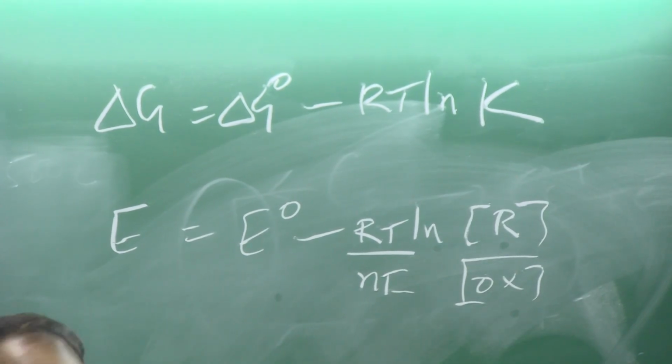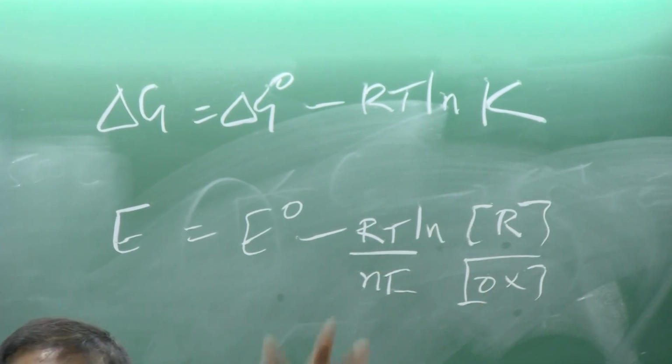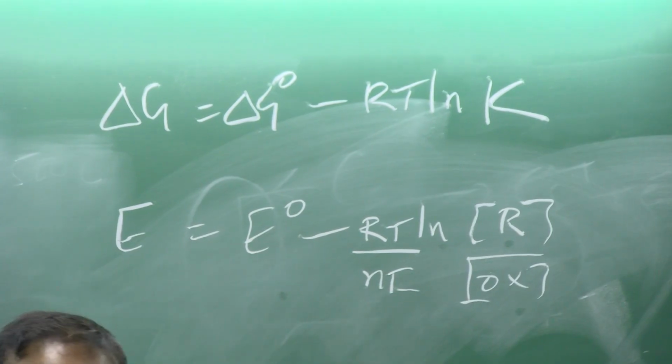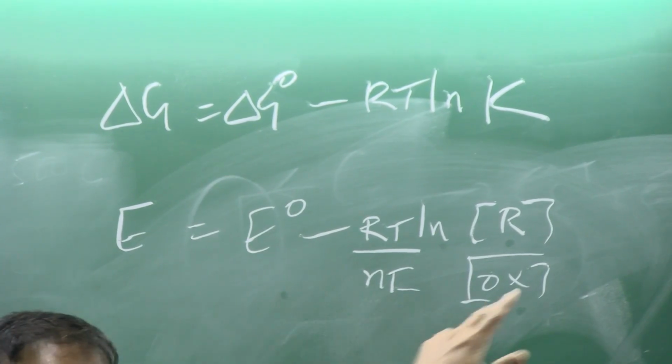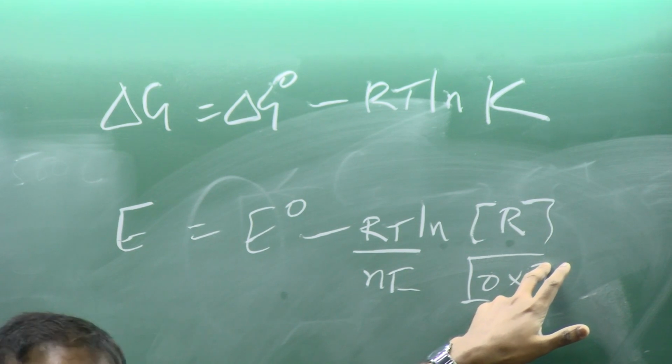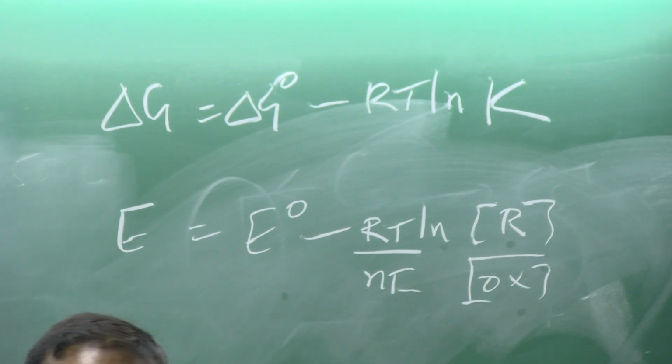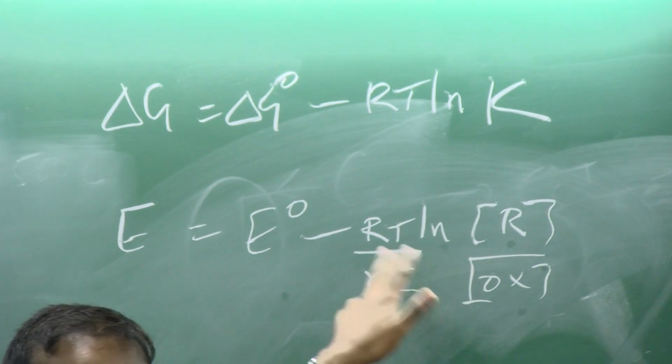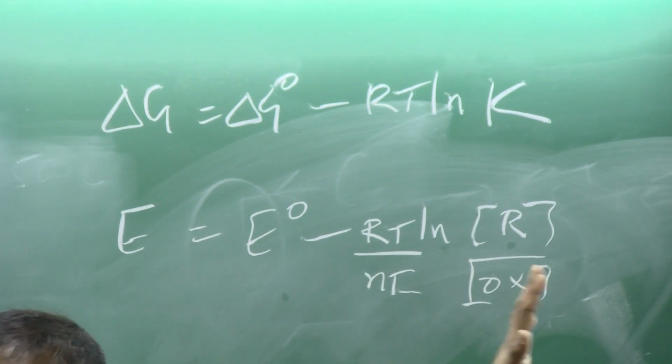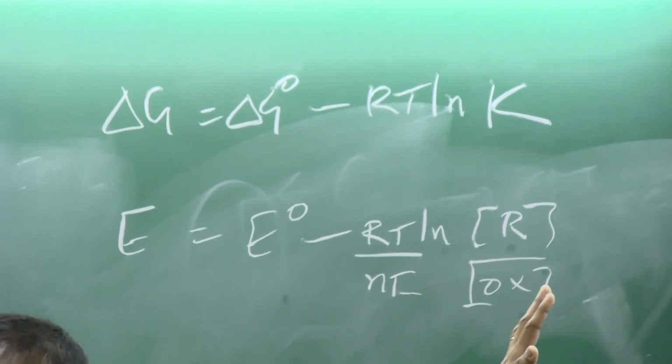If it is a full reaction, you will use product concentration divided by reactant concentration. If it is a half cell, reduced form of the species up, oxidized form of the species down. This is called the Nernst equation. So, you will be studying this Nernst equation also in the plus two.